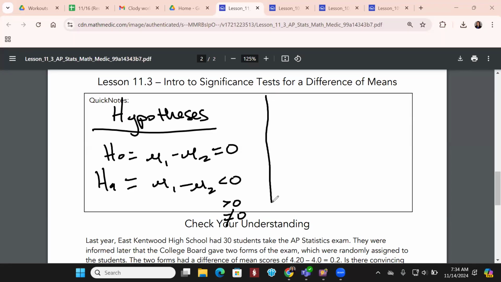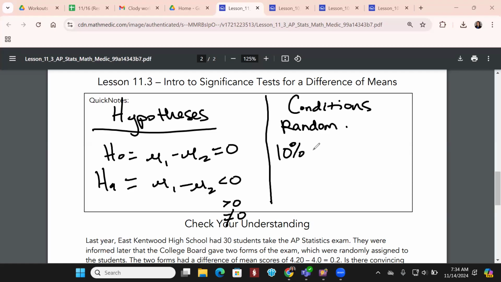We didn't use the conditions on this one, but in this next part, you're going to use the conditions because you're doing the 4 C's again. You need to make sure that they're random and independent trials or samples. For the 10% condition, here's a new part, this one's a little weird.